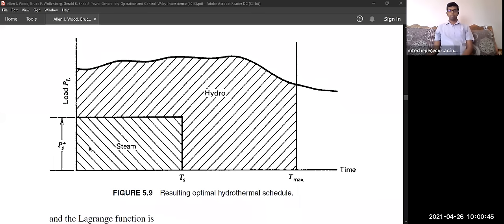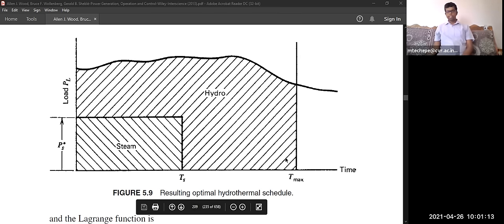So whatever the power generation from the steam power plant, for a particular period of time. Here if you take T maximum hours, say 24 hours in a day, we are generating more than 12 hours, around 16 hours of power by the hydro power plant alone.